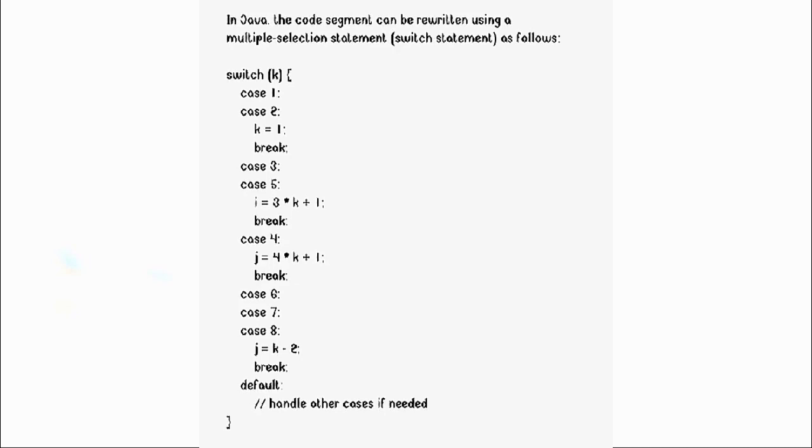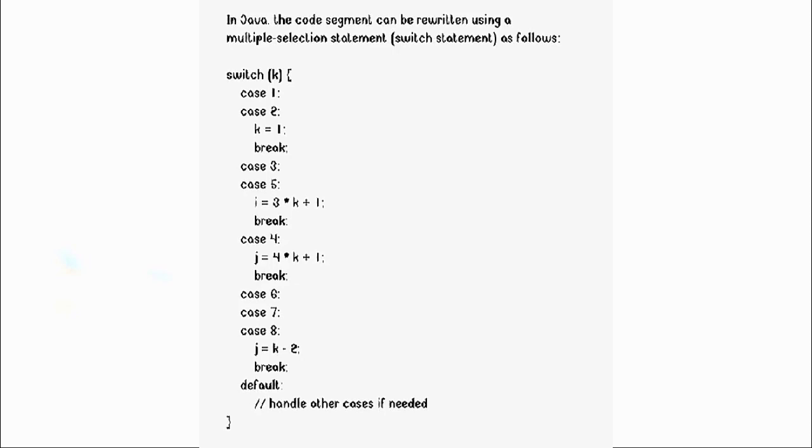Depending on the value of key, the corresponding case block is executed, and the code inside that block is performed. This allows for different actions to be taken based on the value of key using a structured and concise approach.